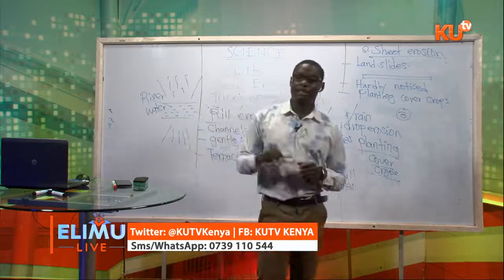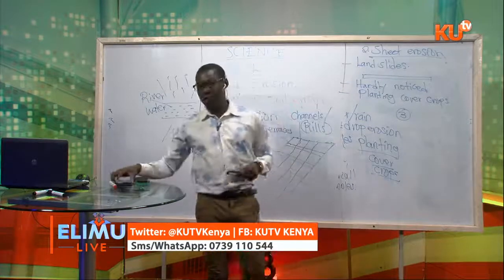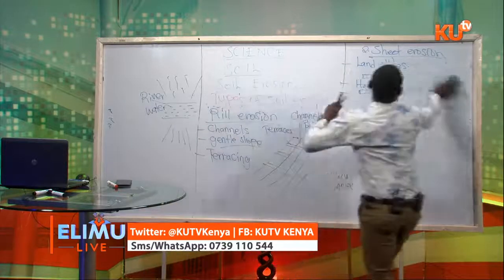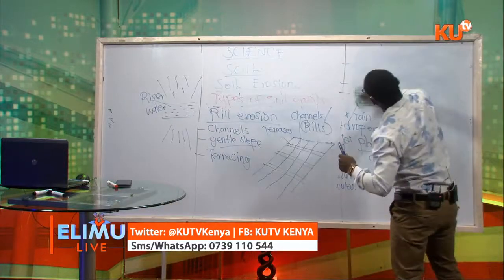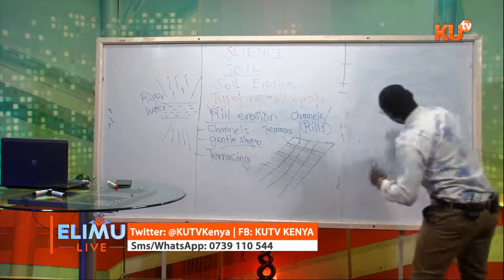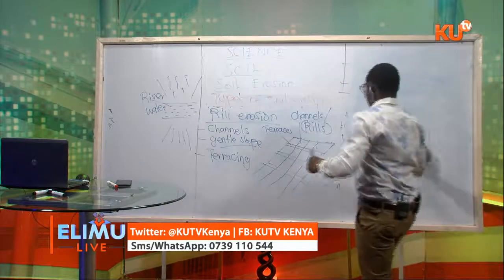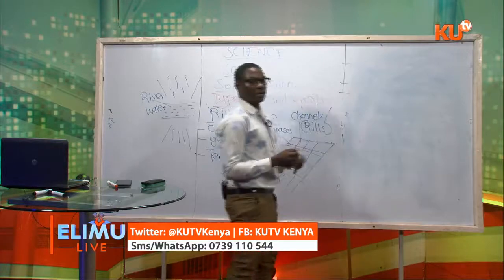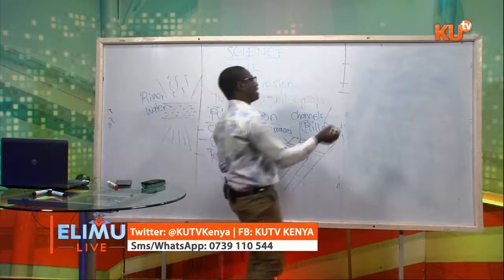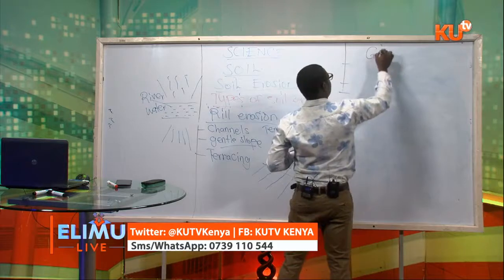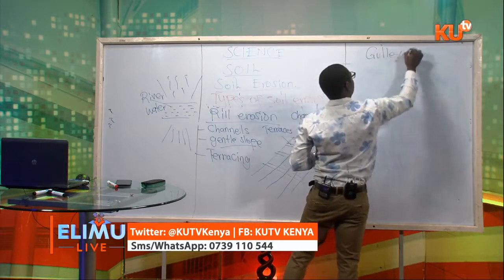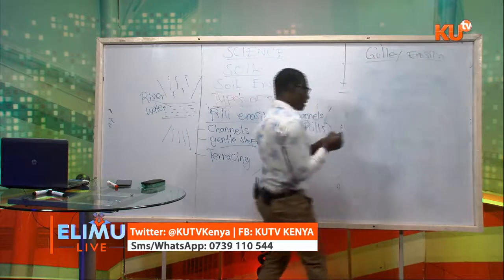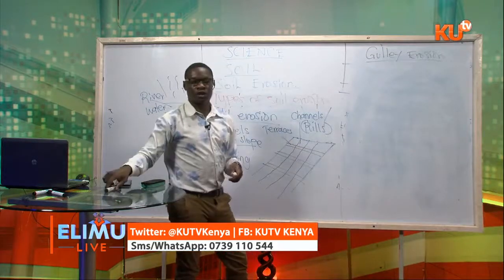So I'm going to handle the last type of soil erosion, which is gully erosion. And gully erosion can be defined as an increased rill erosion. It can result due to increased rill erosion.